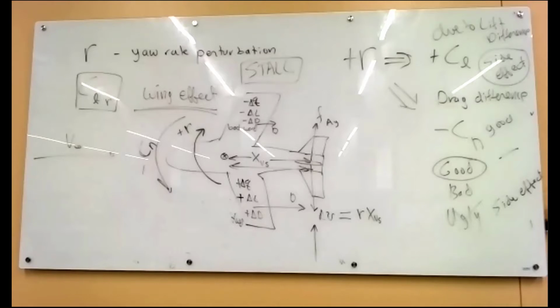So that's the end of chapter 3, the small perturbation section. And we've done chapter 4, which is the steady state flight. So we're going to go to chapter 5, which is now the dynamics. We're going to learn how to solve the dynamics equations.